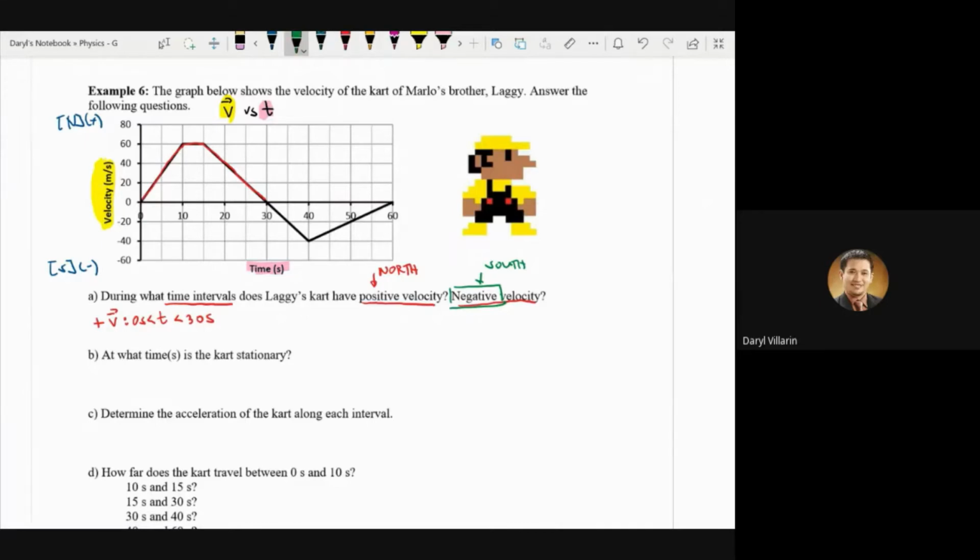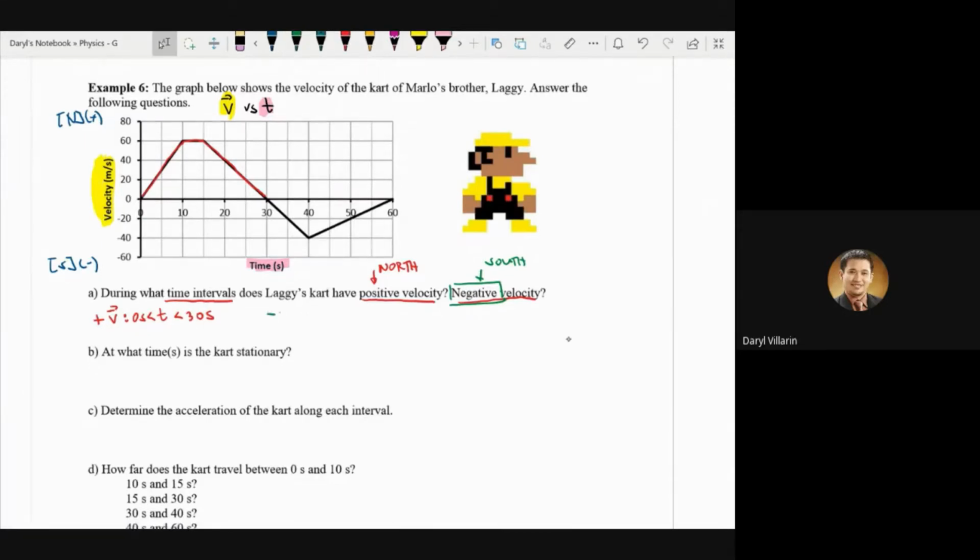So for negative velocity, anything below that, from here up to here, these are negative velocity. So what time intervals would that be? Well, that would be greater than 30 seconds, but less than 60 seconds.